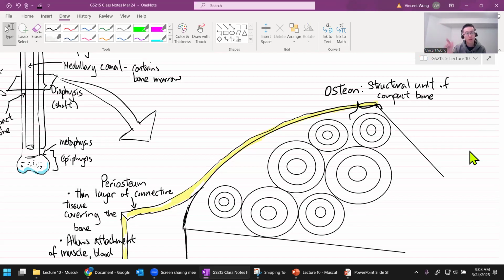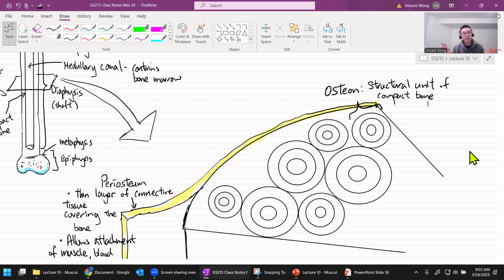Not to confuse a structural unit with a functional unit, right? When we were talking about the nephron, that's the functional unit of the kidney. A functional unit is the basic unit that enables the function of the entire organ. Think of a bunch of people rowing a boat, like a dragon boat.